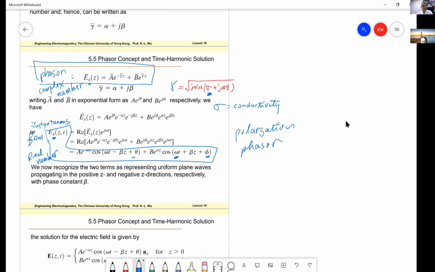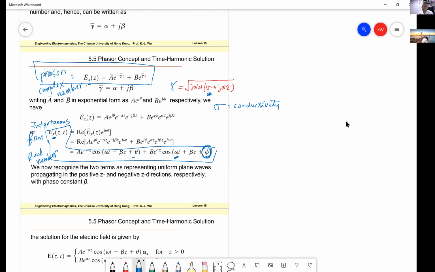Polarization means how the vector tip changes with time, in what direction. And the phasor mainly tells you the initial phase, because phasor is a complex number. And why do we bother with the initial phase?